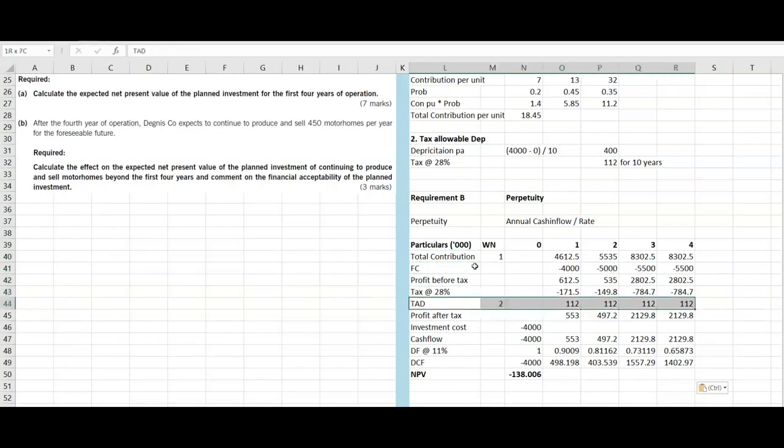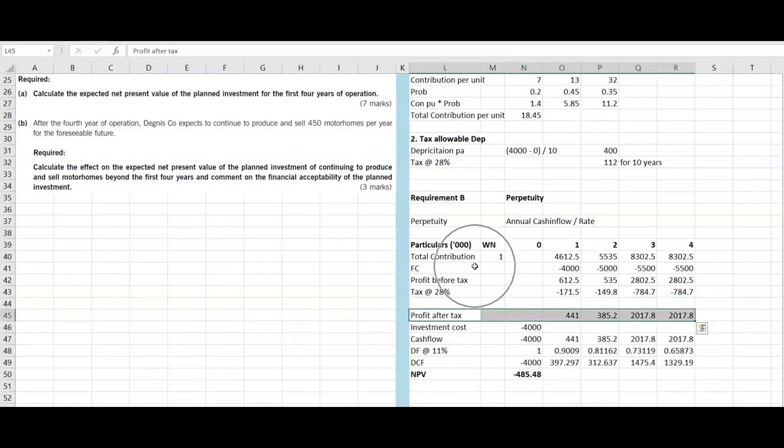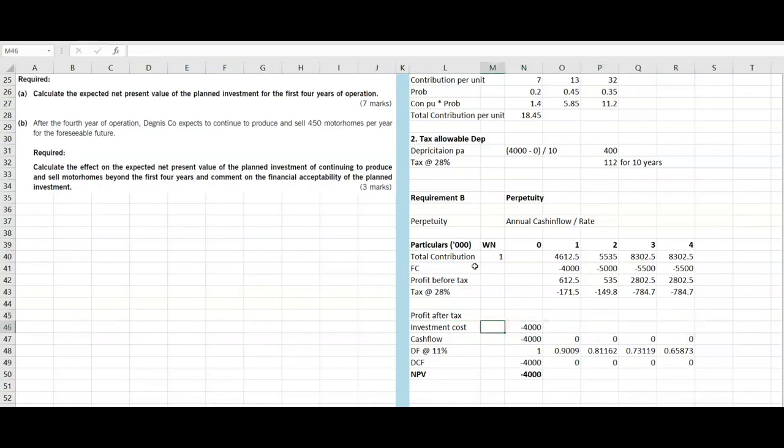As of now, we'll delete it and we'll explain why it is being deleted later. So we will calculate the tax, profit after tax. So we don't need other numbers here.